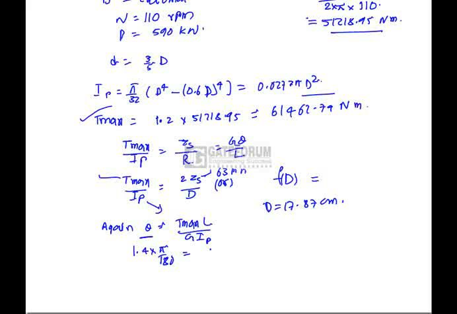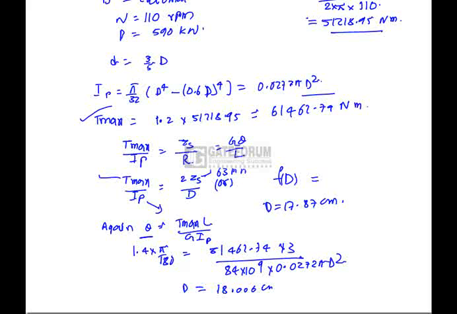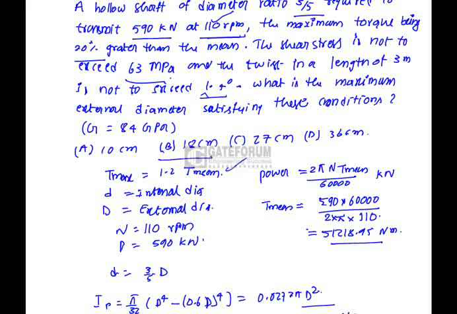Substituting T max as 61462.74, length 3, G as 84 into 10 to the power of 9, and IP as 0.0272 pi D squared, D is equal to 18.006 centimeters, which is almost equal to 18 centimeters. So option B is correct.